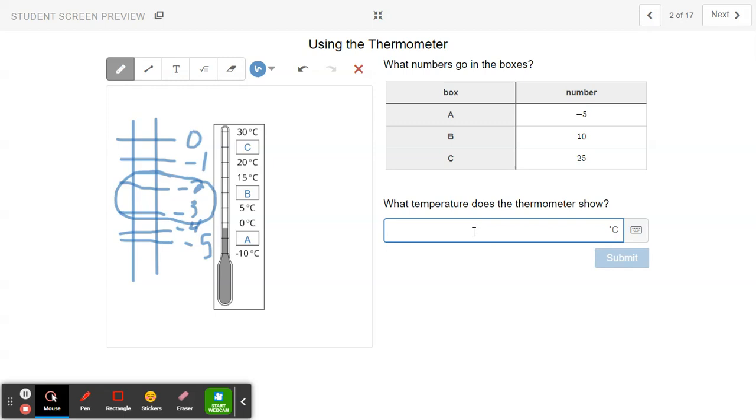So I would accept answers like negative 2, I would accept negative 3, and I would really accept anything in between there. Negative 2.5 is also a common answer. You only have to have one of those answers. And then make sure once you do that, you hit the submit button.